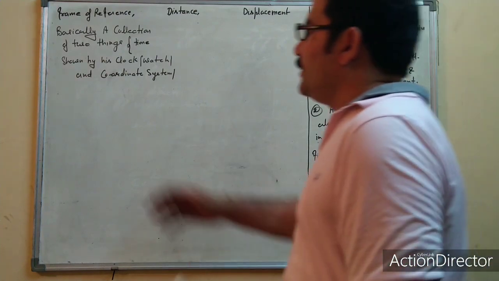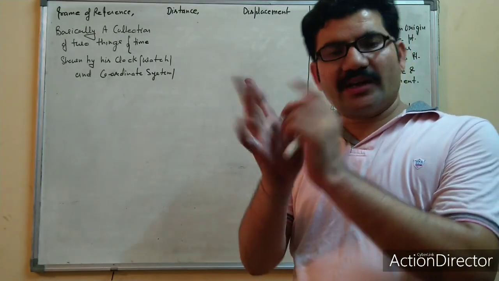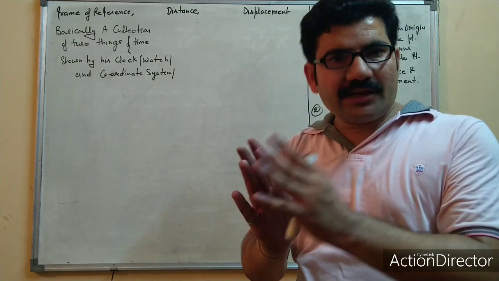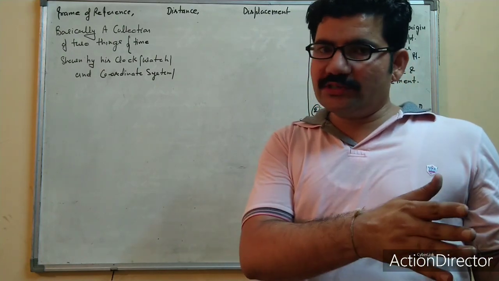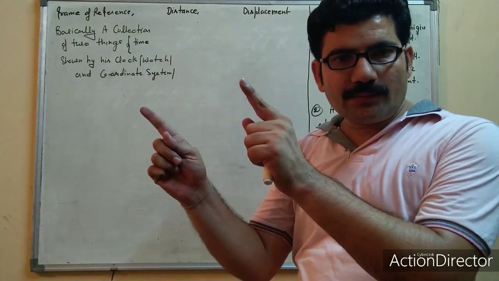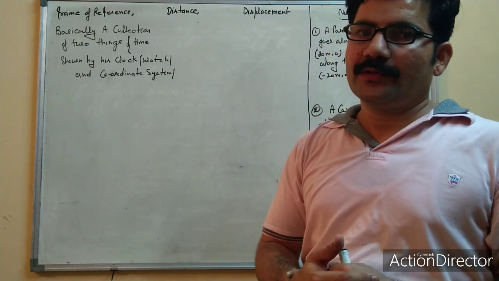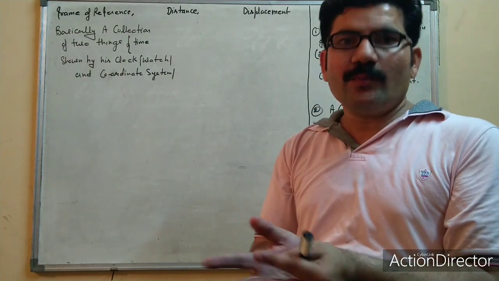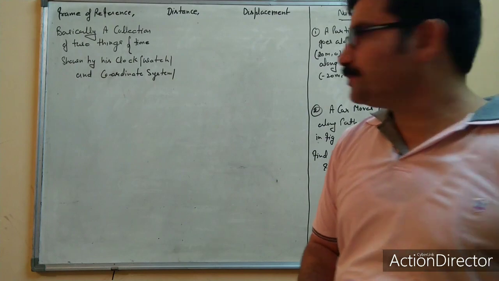So frame of reference is basically a combination of two things. First, you must have a stopwatch, and second you have a coordinate system. In the coordinate system there is an origin. You will check the position of a body with respect to another body from the origin and check out the time. By these two things we make a frame of reference. This was the frame of reference.